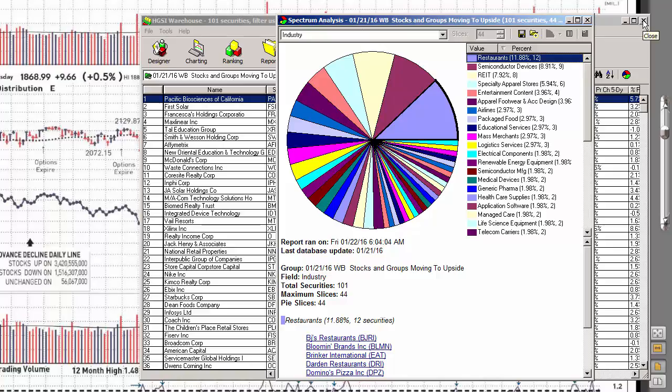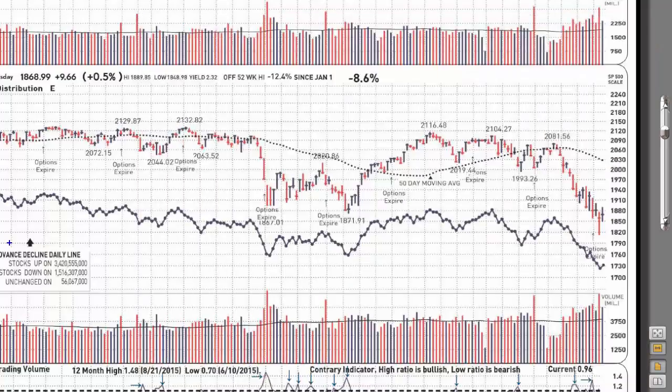I want to start today by taking a quick look at the New York Stock Exchange Advanced Decline Line. Notice how the Advanced Decline Line put in a low in this area, a low in that area. We came up and set a couple of recent highs, but recently we've put in this high right here on the advanced decline line.